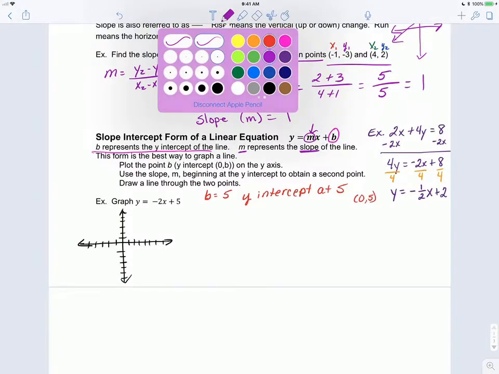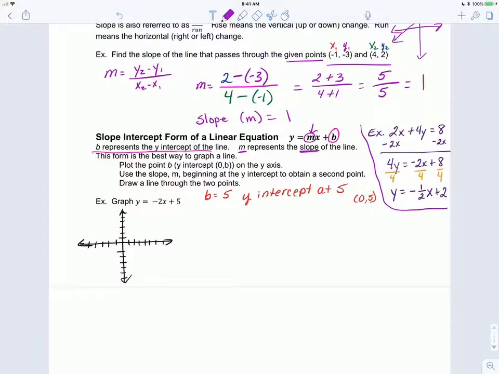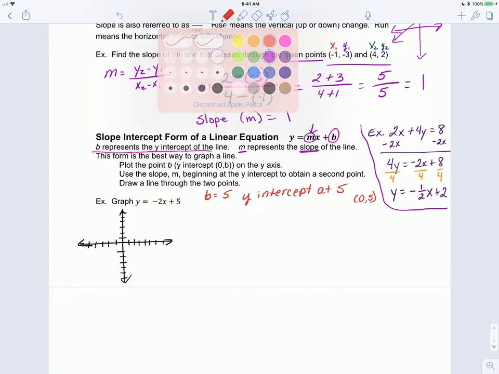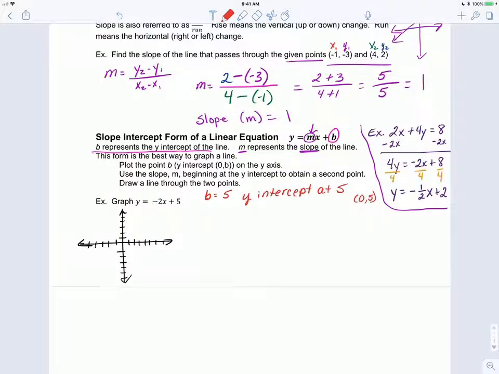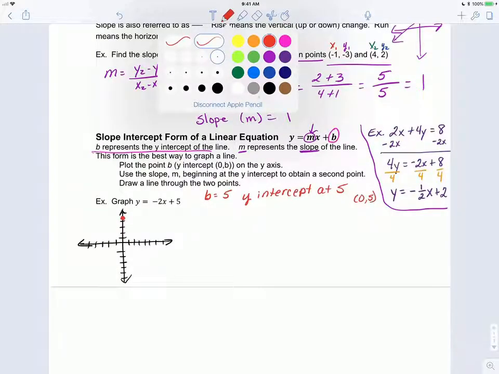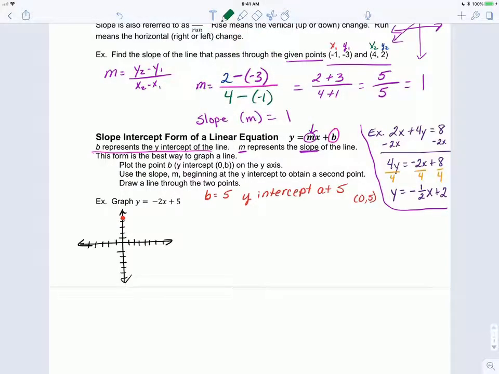Let me separate these two so you don't think we're talking about the same thing. So let's go put that. 1, 2, 3, 4, 5. That's going to be right there. So next we know that the slope, or the m here, is negative 2. So we know we have a slope of negative 2, which means you're going to rise negative 2 and run over 1.